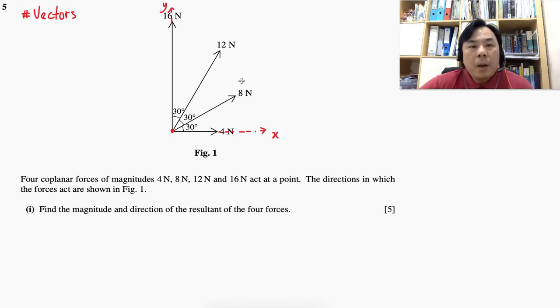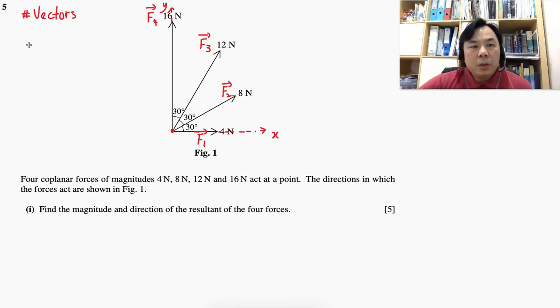Now, since this is the smallest one, we'll start from F1, F2, F3, F4. So maybe I'll label this as F1, F2, and F3, and F4 here.